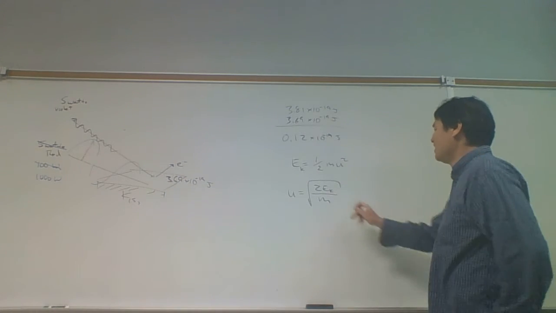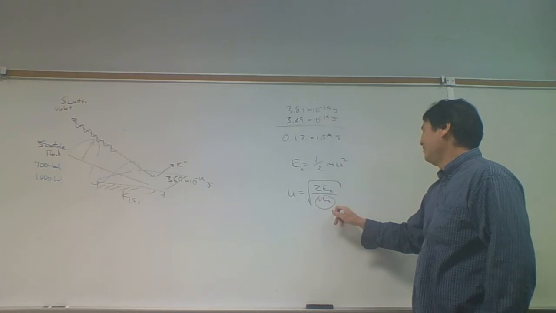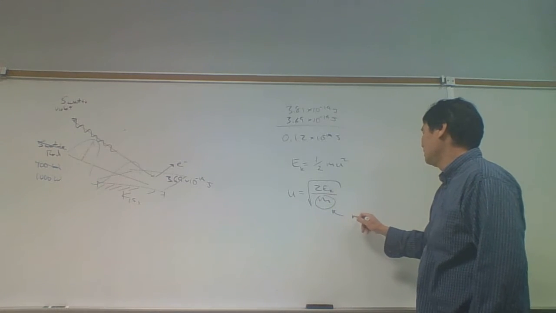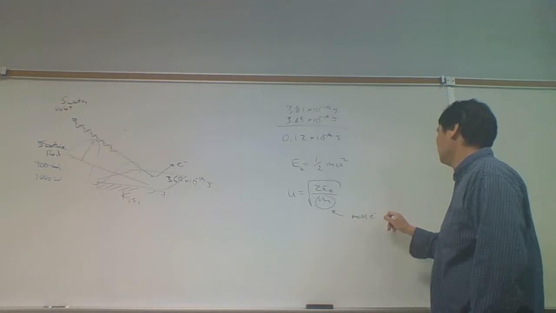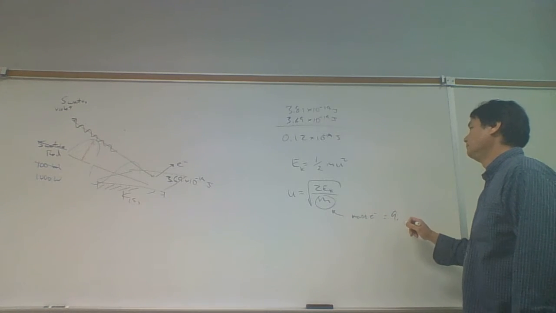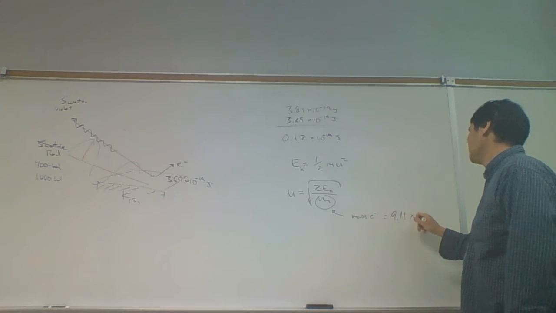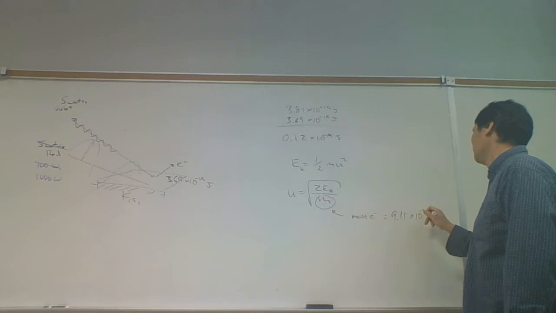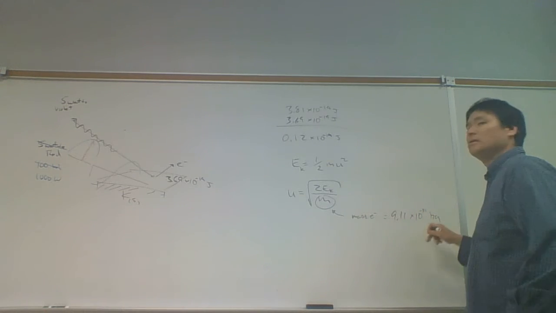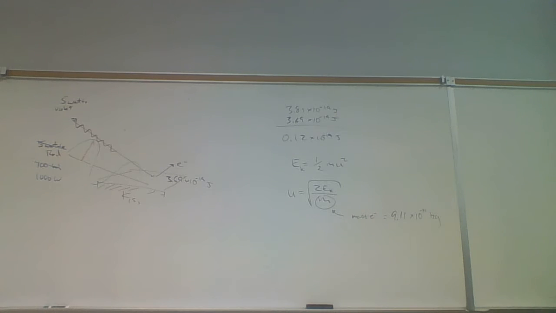The mass of an electron is 9.11 times 10 to the minus 31 kilograms. Is that right? So go ahead and calculate the velocity that the electron is going to be kicked off with.